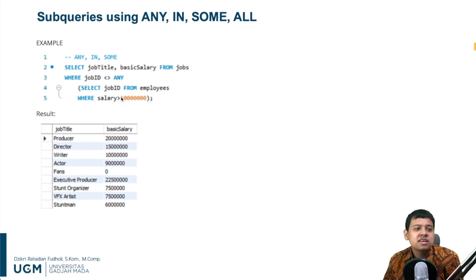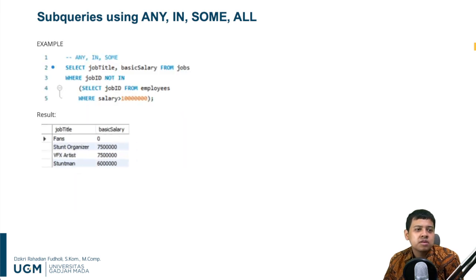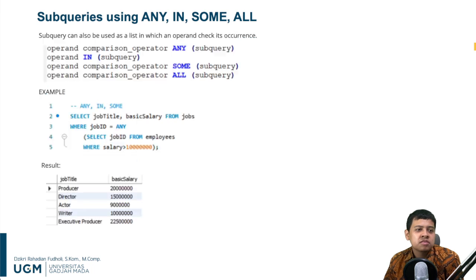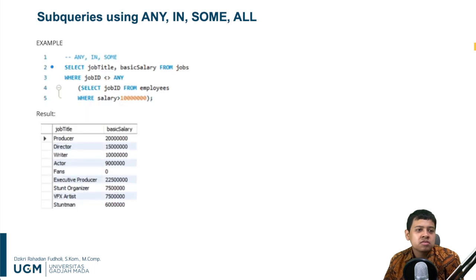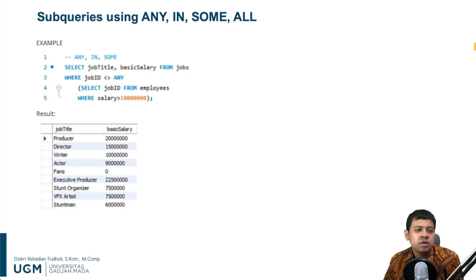Not equal any, I think this is a different result. We have not in, and we have where job ID not equal any from here.